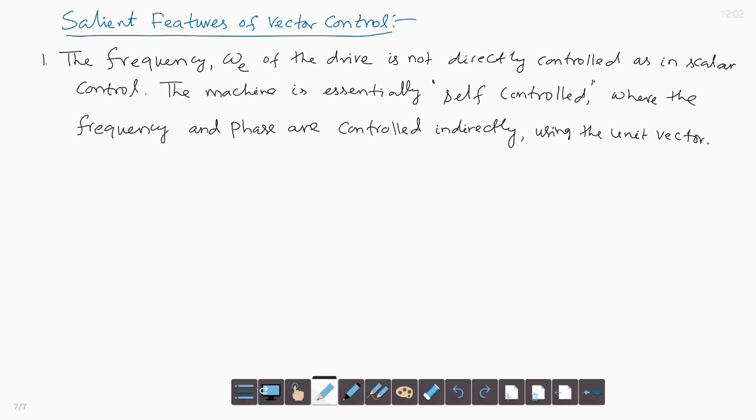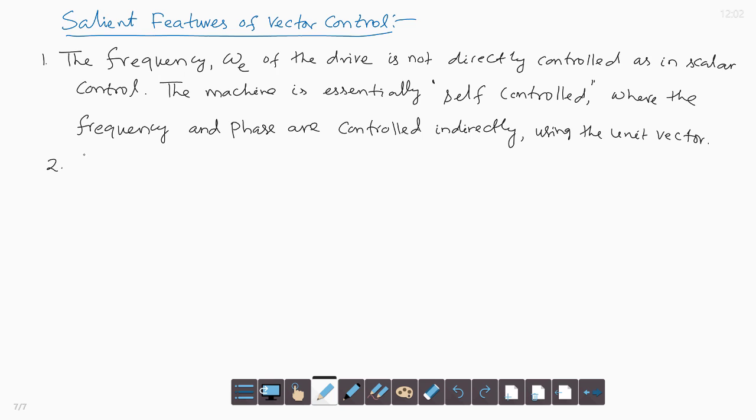Because the unit vector comes from theta e, and omega e, the synchronous frequency, is d theta e by dt. So, this unit vector controls the frequency and phase of the current indirectly. The machine is in self control mode.